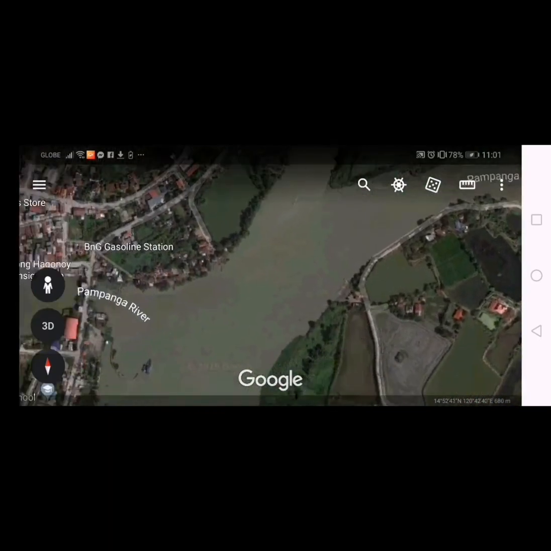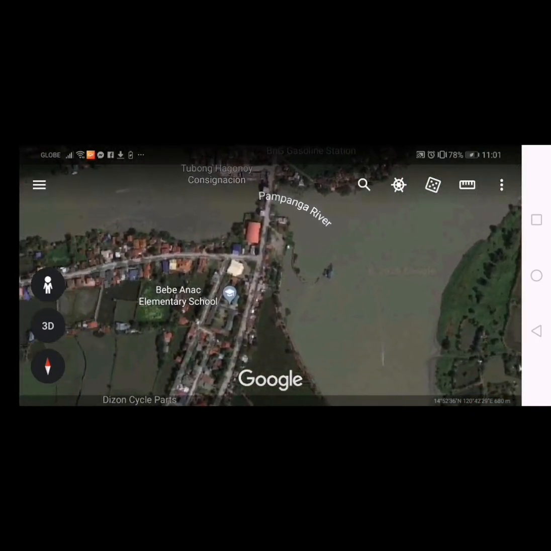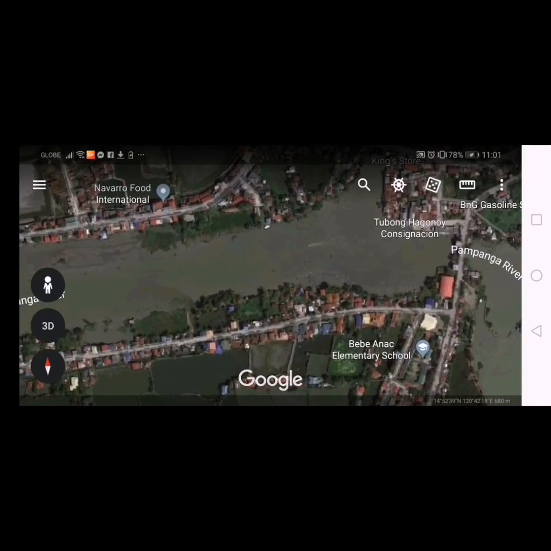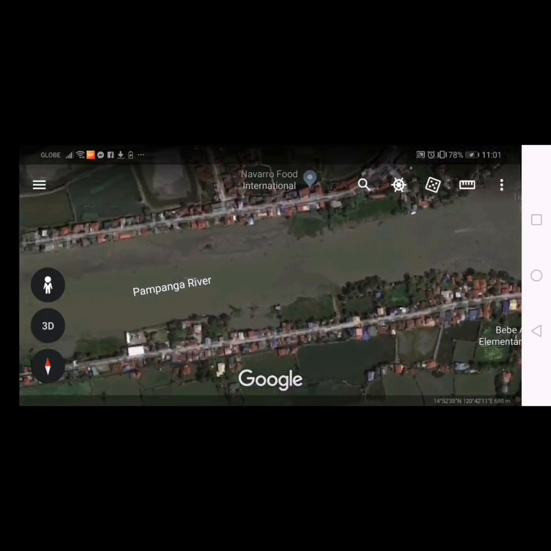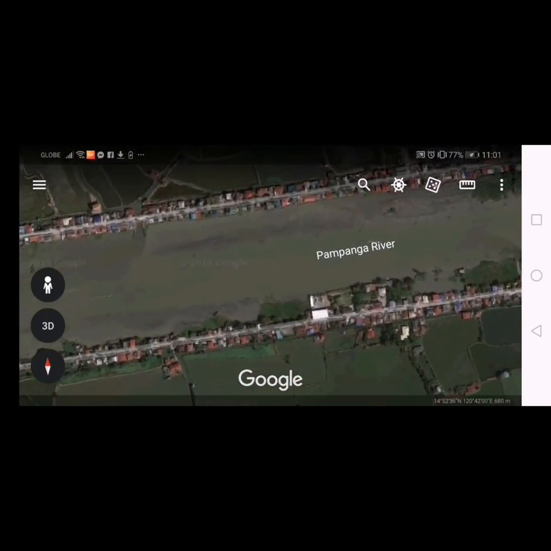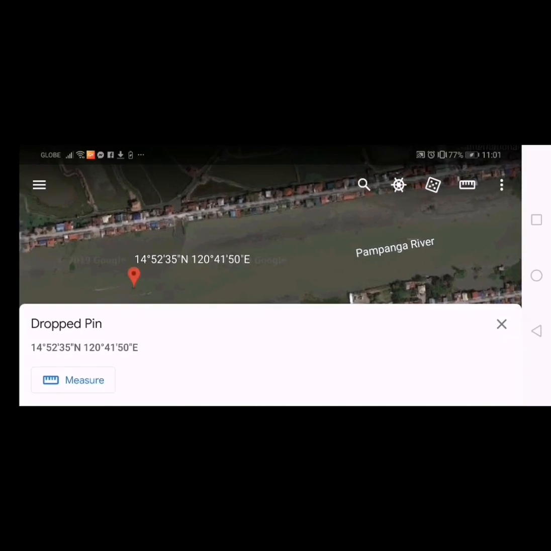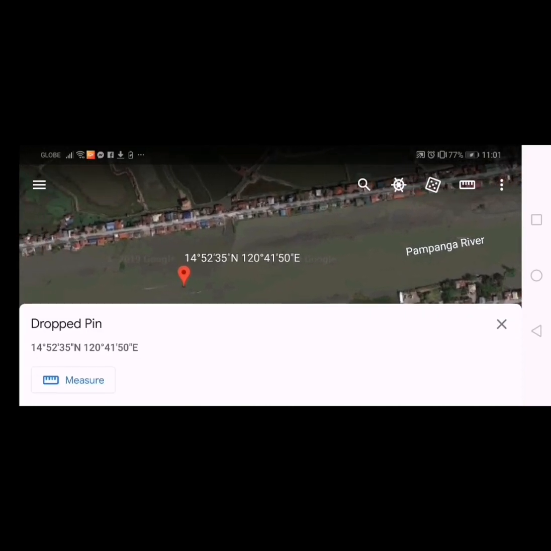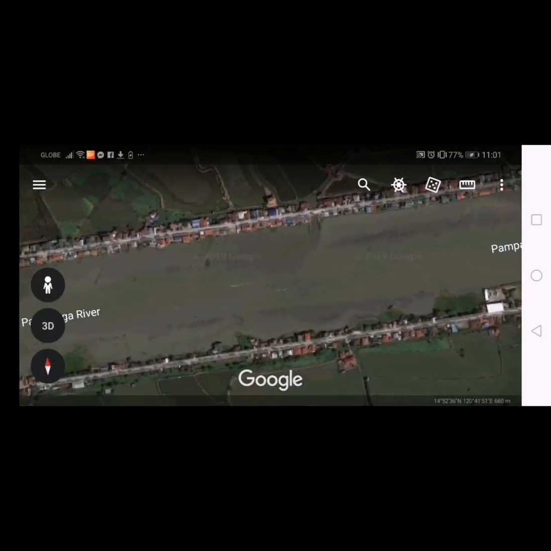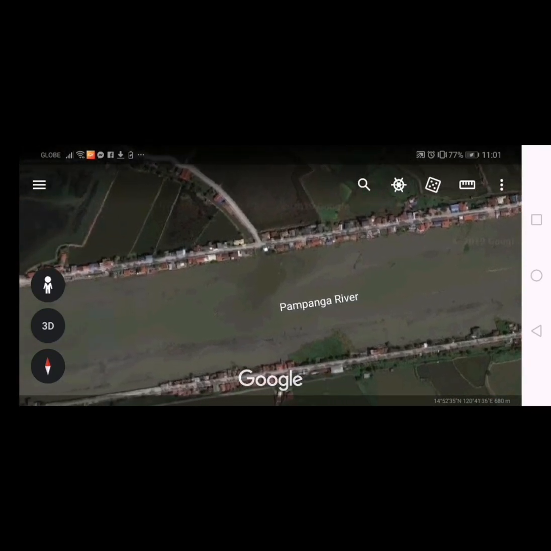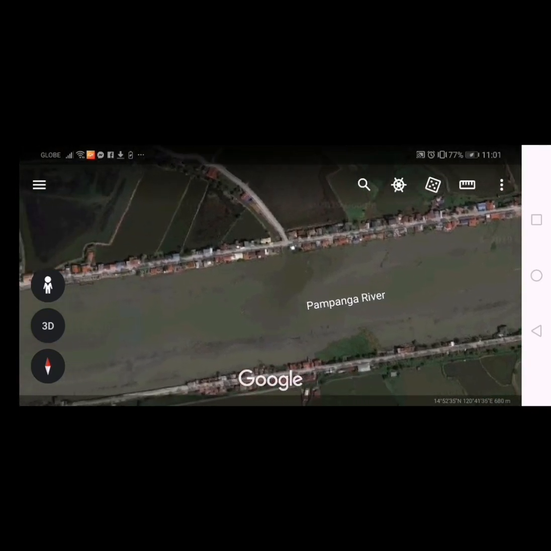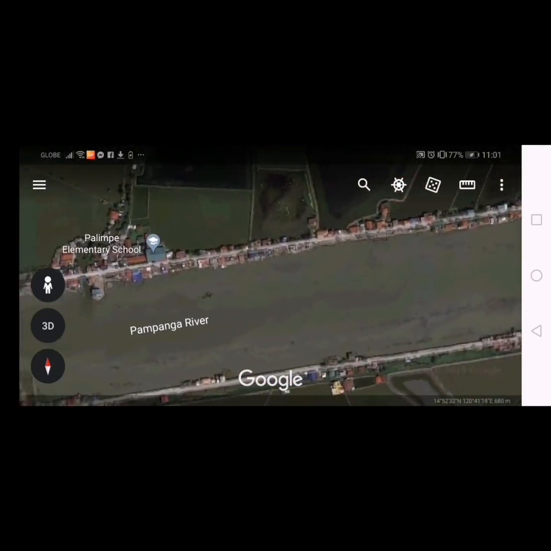Okay, so on this section of Pampanga River, this is another branch of Pampanga River. You're actually seeing walls guiding Pampanga River.